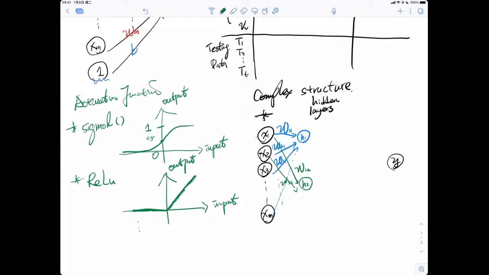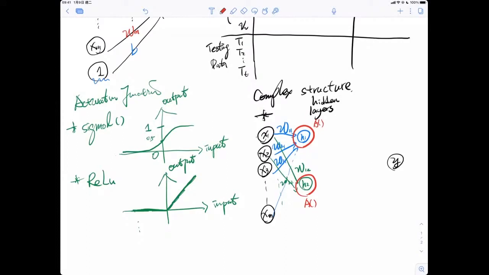passed from the X layer to this hidden layer. Further, the received information will of course pass through an activation function, but which activation function should be selected, we will talk about later.